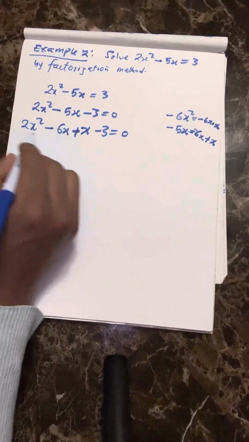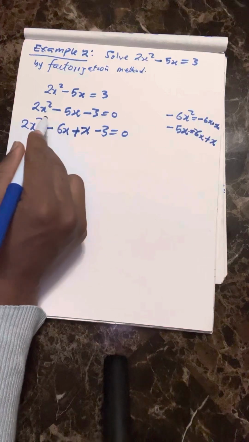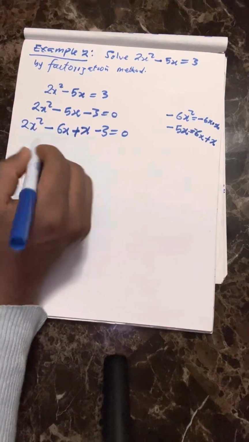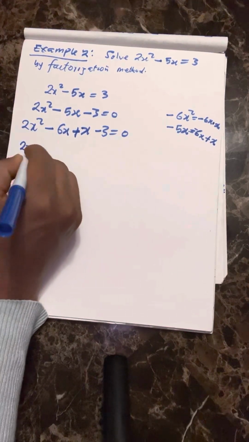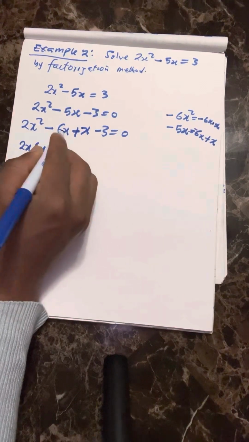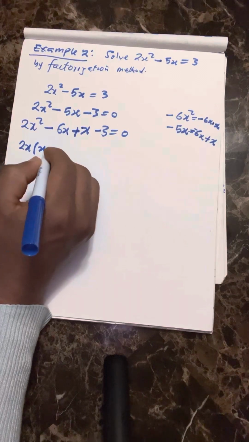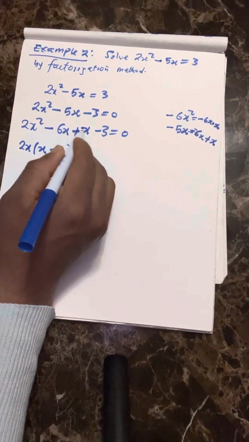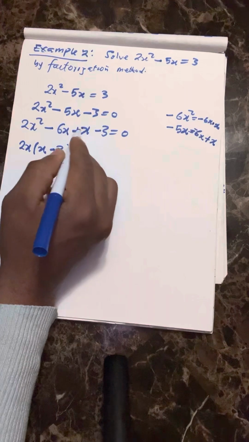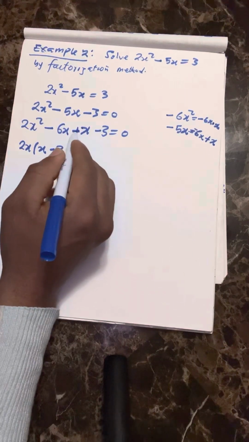Then, what do we have? What is common to these two terms? We factor out 2x. You're left with x minus 3 here. What is common in these two consecutive terms?